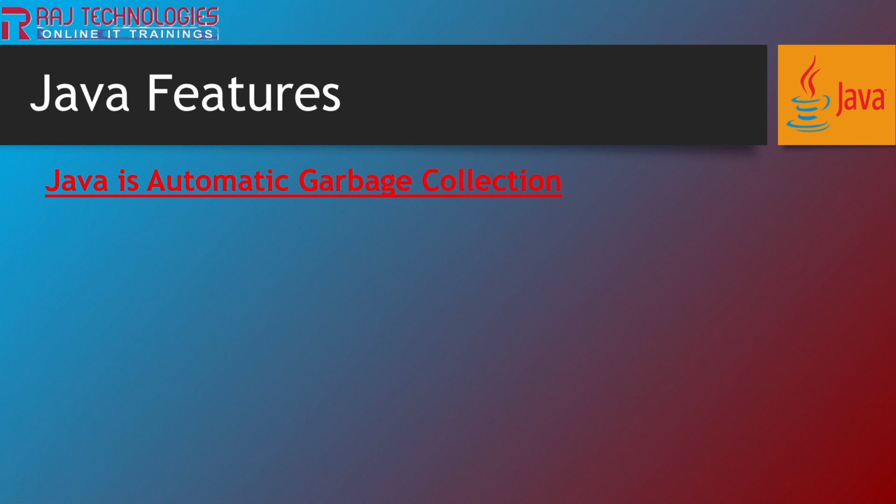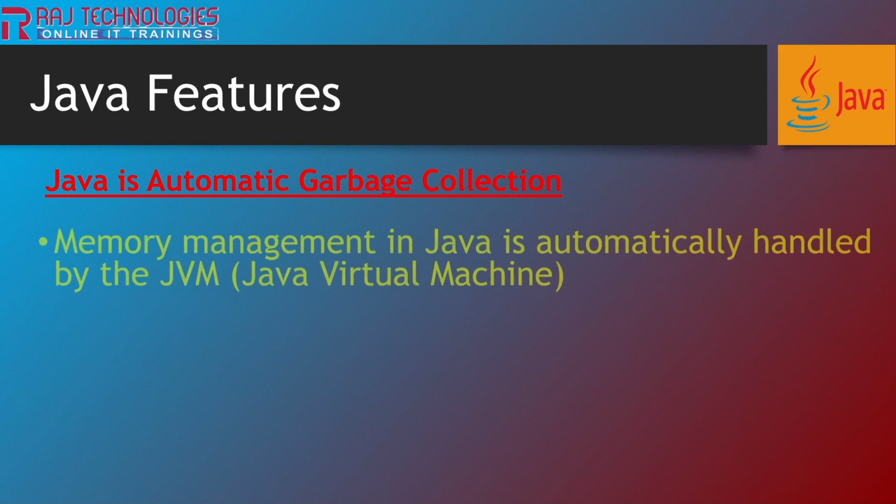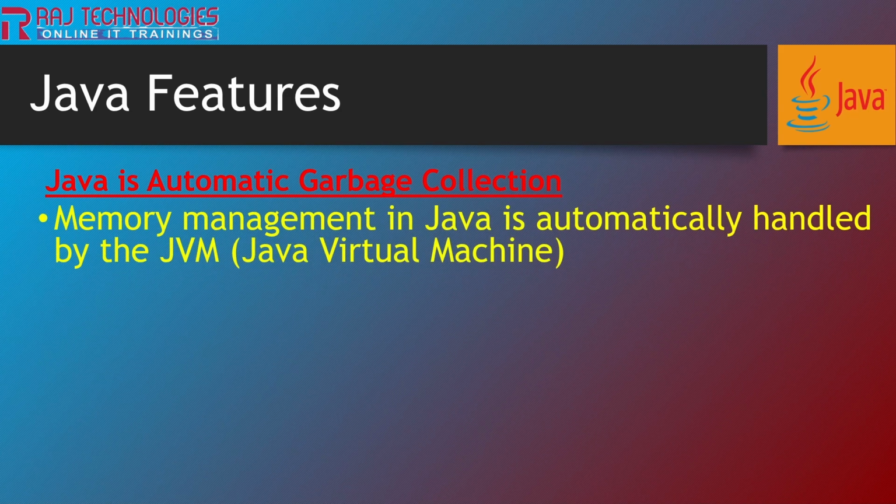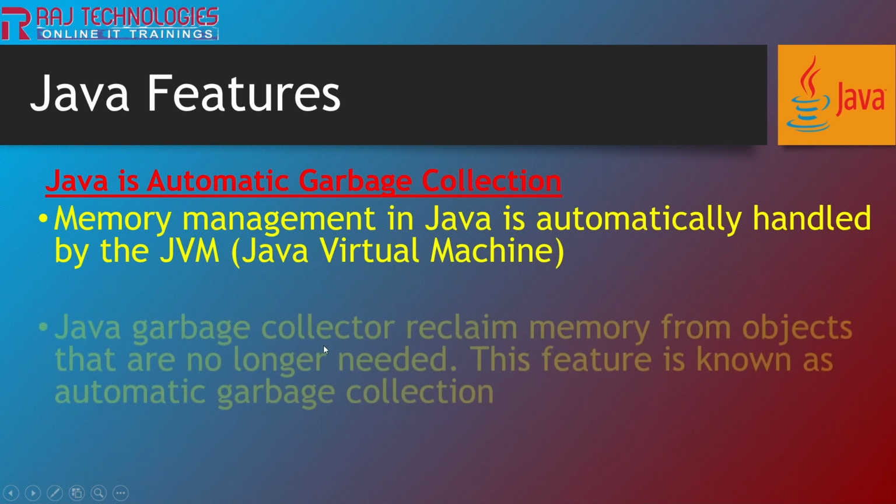One more feature of Java is automatic garbage collection. In the case of C or C++, once we allocate memory, destruction of memory, meaning deleting of memory, should be taken care of by the programmer only. But in Java, our work is only to allocate memory; destruction is taken care of by Java. That feature we call automatic garbage collection. Memory management in Java is automatically handled by the JVM, Java Virtual Machine.